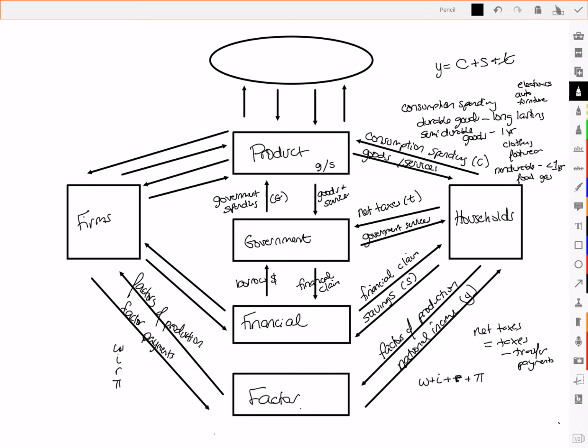So the government is buying goods and services from businesses. This is an injection into the economy because it's money going to businesses that's not coming directly from households. Okay.